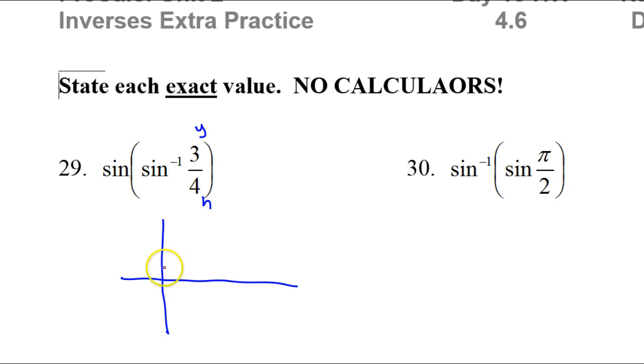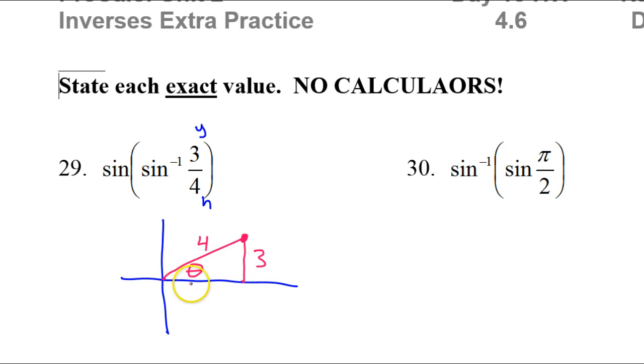So that means it's going to either be here or here. Since this is positive, that puts it in the first quadrant. So if I were to draw this angle, I would draw it right here. I have y over h, so the y value would be 3 and the hypotenuse would be 4. Sine is opposite over hypotenuse.